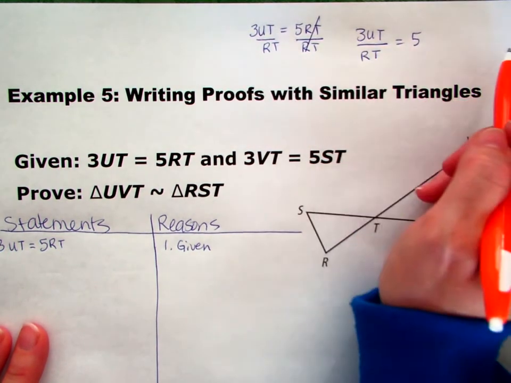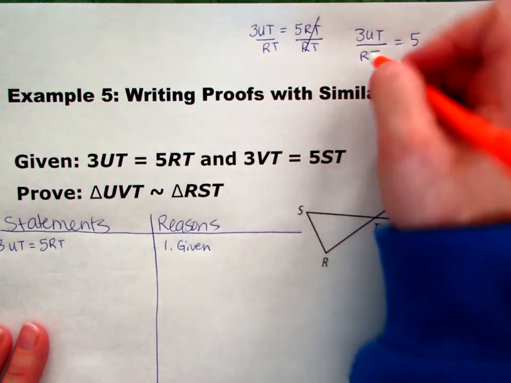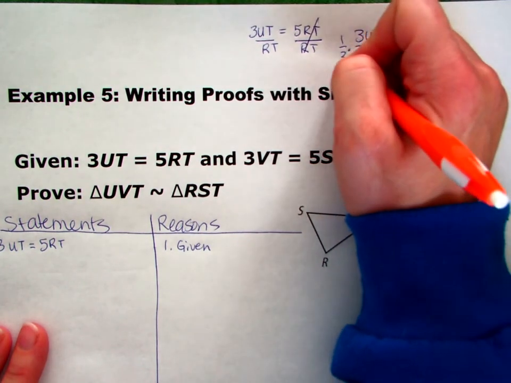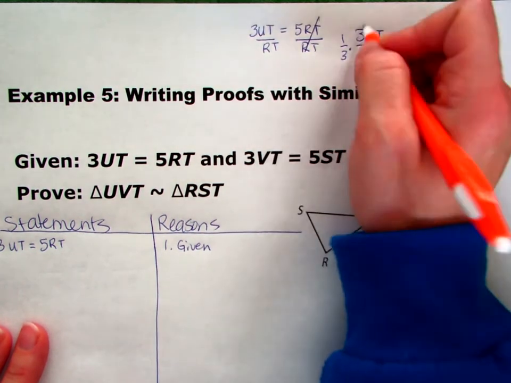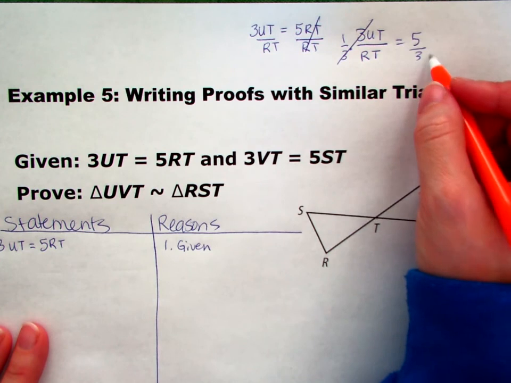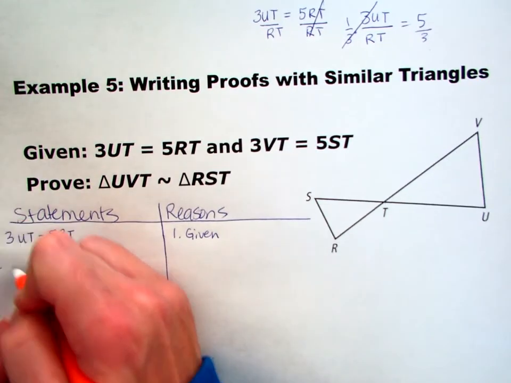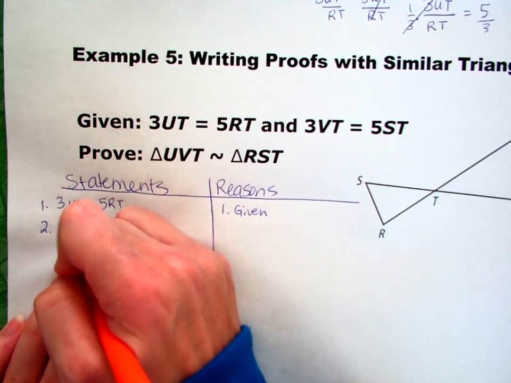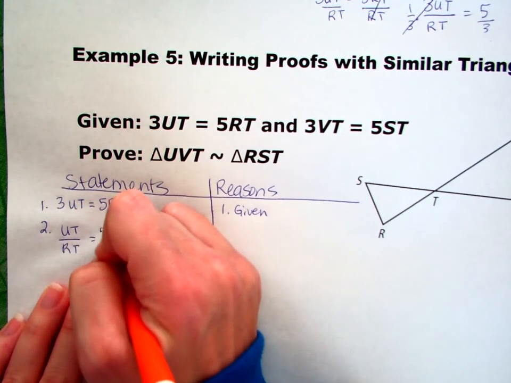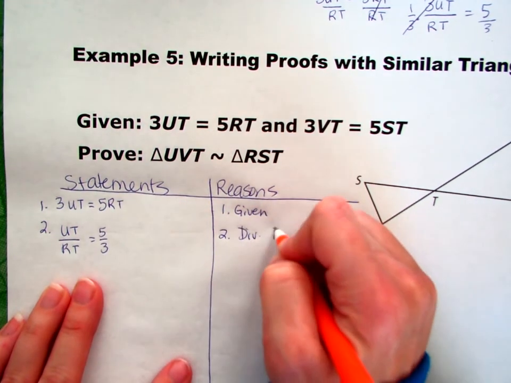Now I want to move this number away. So this is 3 times UT, so how do I get rid of it? Really, you can multiply by a third or divide both sides by 3. What we're doing is we're just dividing by 3. And so that gives me UT over RT equals 5 thirds. That's my statement number 2. My statement number 2 is going to be UT over RT is equal to 5 thirds. What did I do? Well, I just divided. So this is the division property of equality.